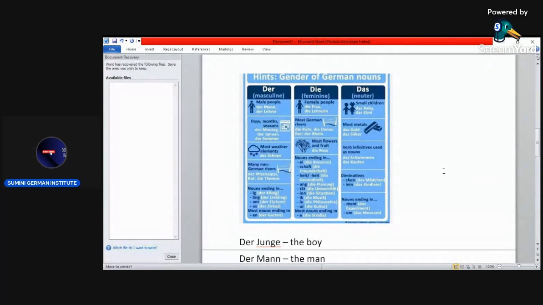There are a lot. Also most nouns ending with en, for example, der Garten. So male people, days, months, seasons, weather elements, non-German rivers, and the endings.